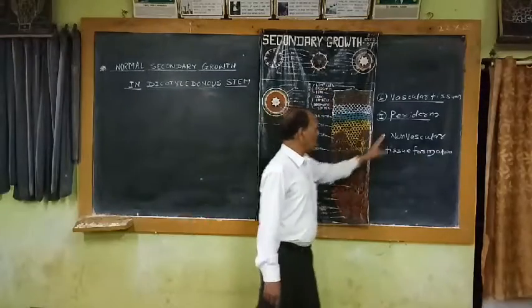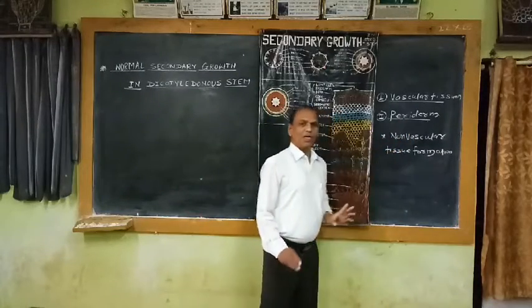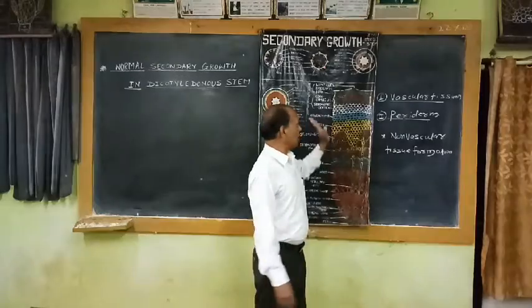This three-layer zone is known as periderm. That means formation of periderm, that is non-vascular tissue formation, takes place in the second stage of secondary growth.